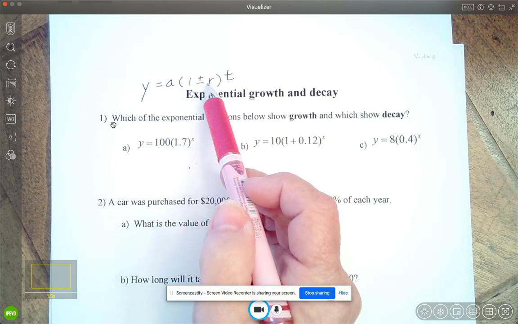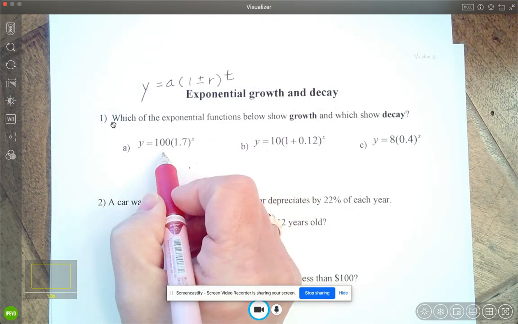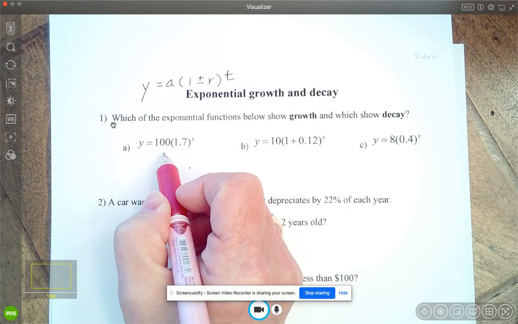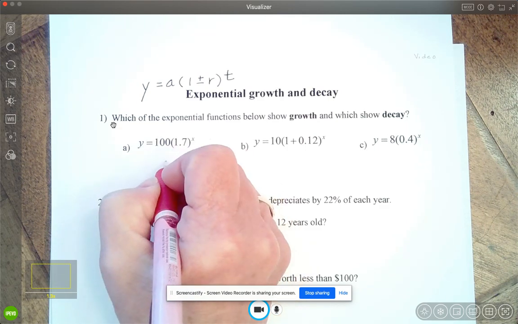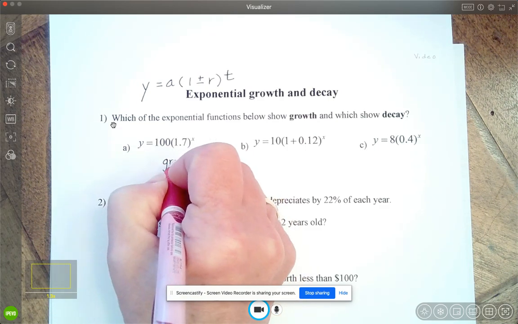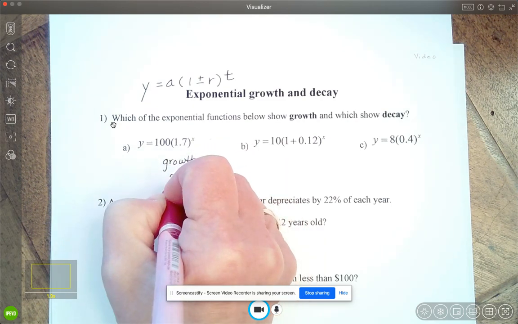It's 1 minus R, so it's going to be less than 1 if it's decay. My initial amount here is 100. Okay, I have 1.7. That is going to be a growth. And that is going to be a growth of 70%.